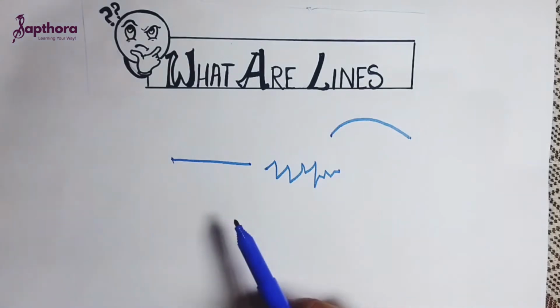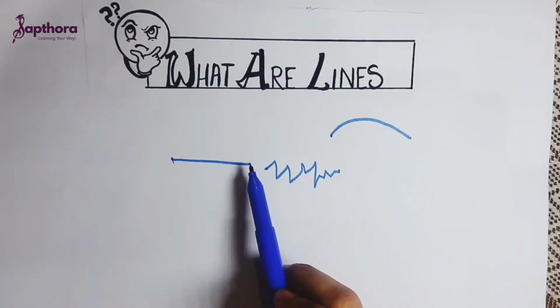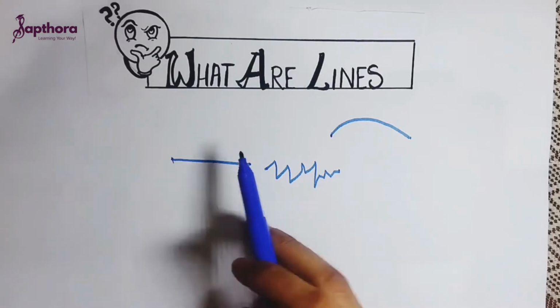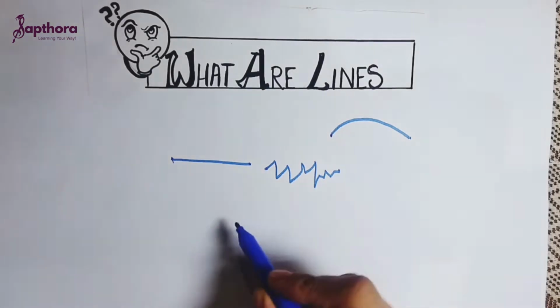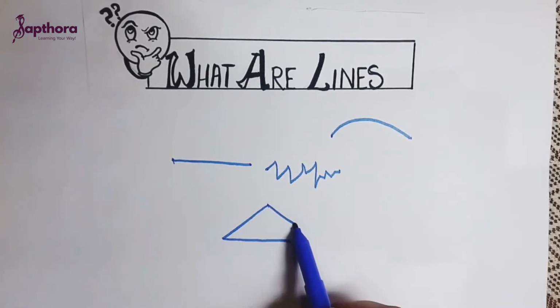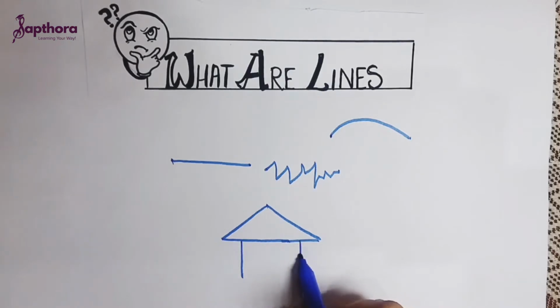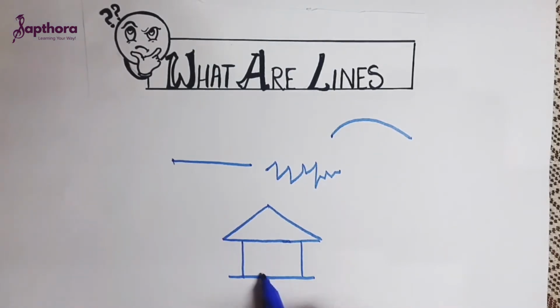So it's important to understand what lines are and what the different types of lines are, so that it can help us further. For example, if I take a small example of a house, if I make this small house, you will see that each part of the house is made using some lines which you can identify by the end of this video.